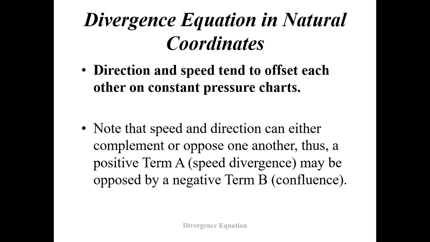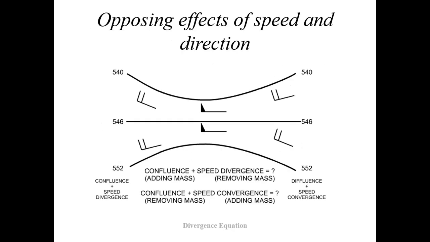So you may have a case, for example, where you have speed divergence, with faster moving parcels downstream of your point removing mass, but that might be opposed by a negative effect of confluence, the coming together of the wind directions at a certain point along the axis. These two terms could actually offset each other.